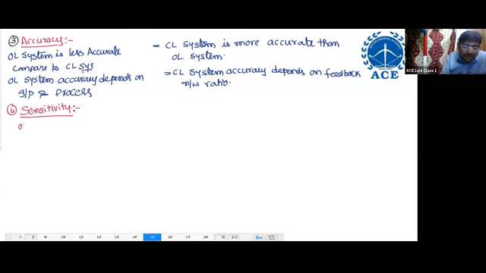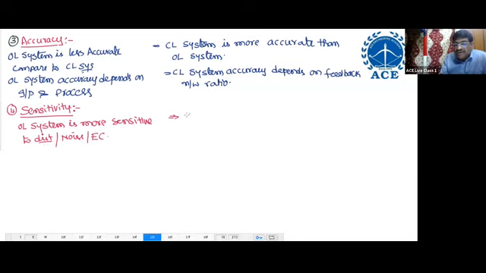Already I told, open loop system is more sensitive to the disturbance, noise, and environmental conditions. With the feedback, what happened? Sensitivity reduced with the feedback.